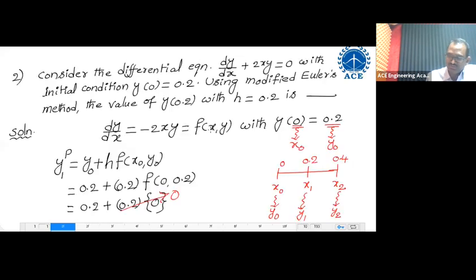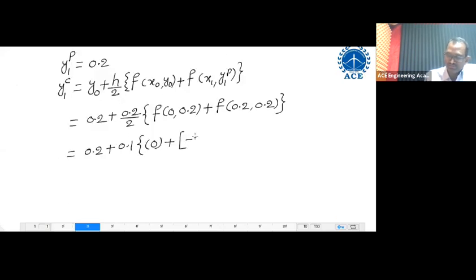F of 0.2 comma 0.2: x value 0.2, y value 0.2. That is minus 2 into x value 0.2, y value also 0.2. Simplify this and let me know the answer. 0.192.